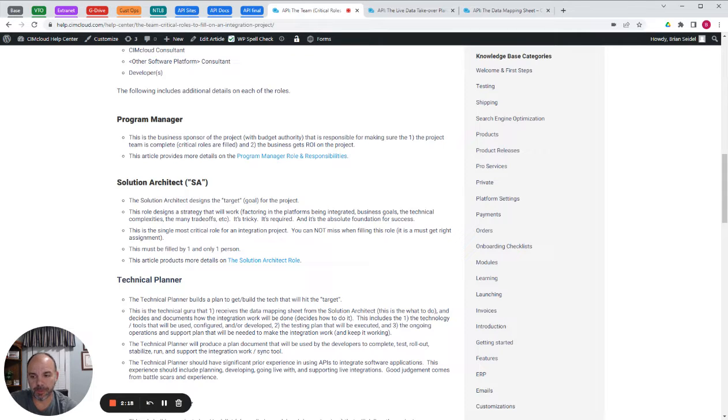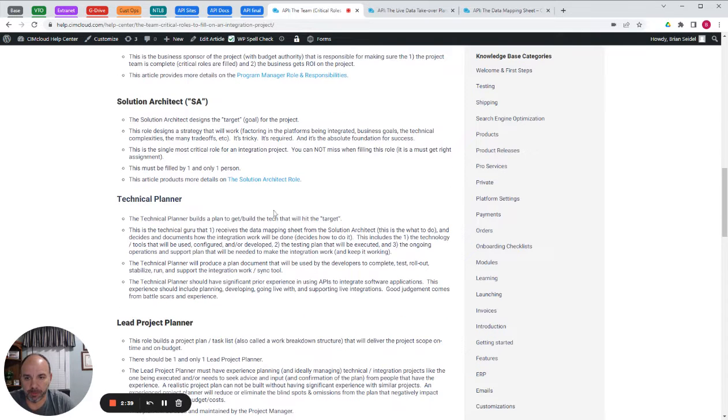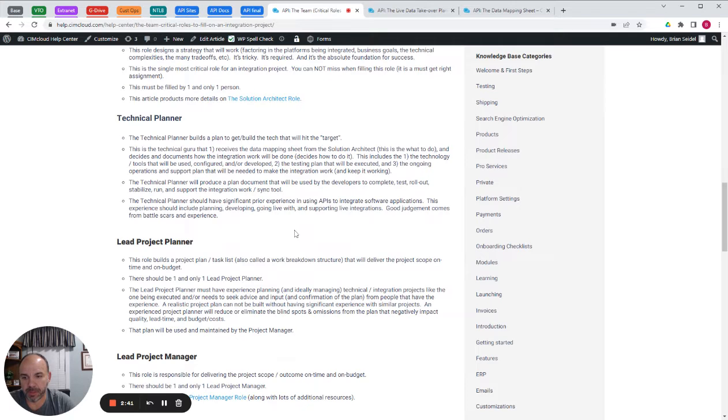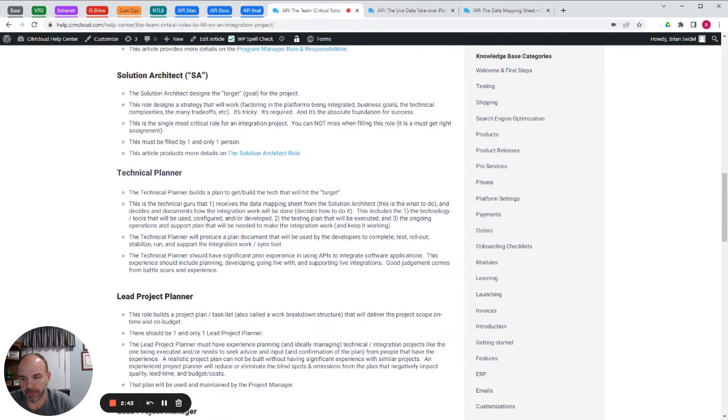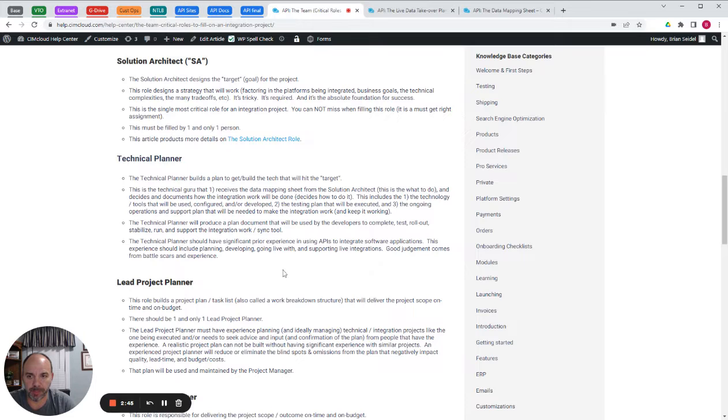Most complex integrations that go wrong or go off the rails, go over budget, or miss on time, it's because this role was not properly filled with someone that had the experience and could exercise the proper judgment on both the business and technical side to make sure that the target was clearly identified. So go through more details on this role. If you only study one role in this list, go study the solution architect role. You can't miss on that one.